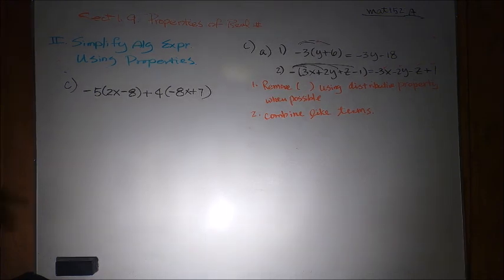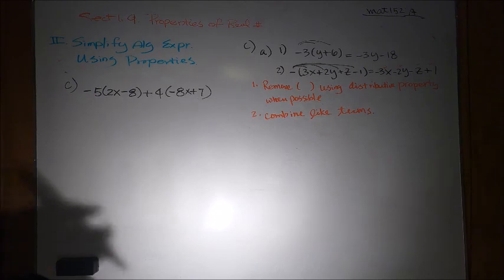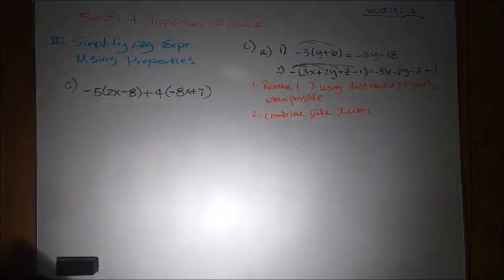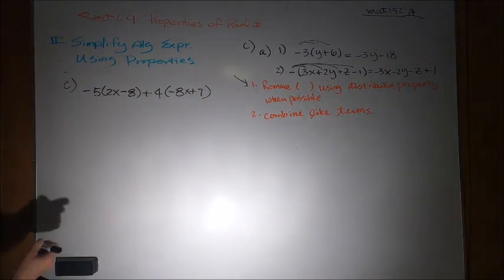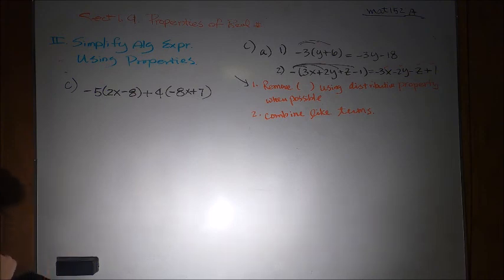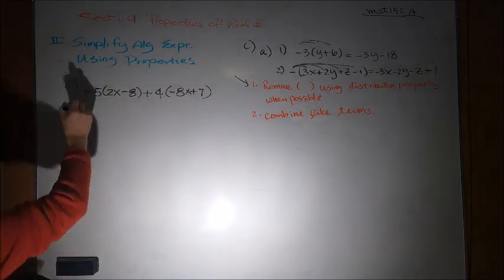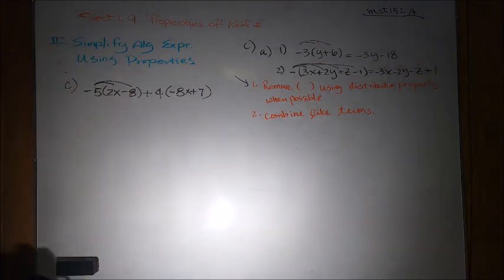We just want to make things simpler instead of writing a bunch of things there. So for this, how should we start? We want to write it individually first. So first you remove the parentheses by using the distributive property. Let's see what happened.